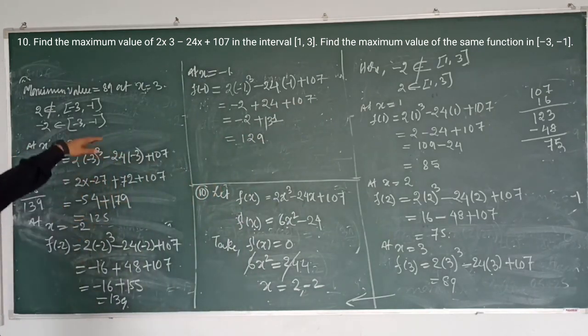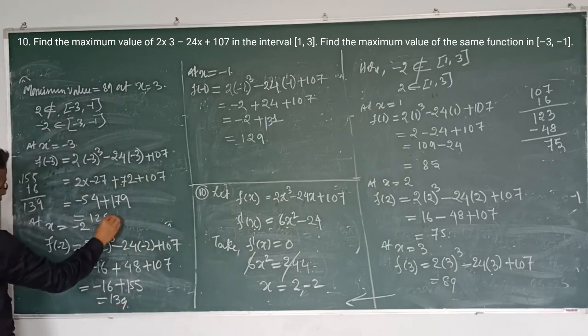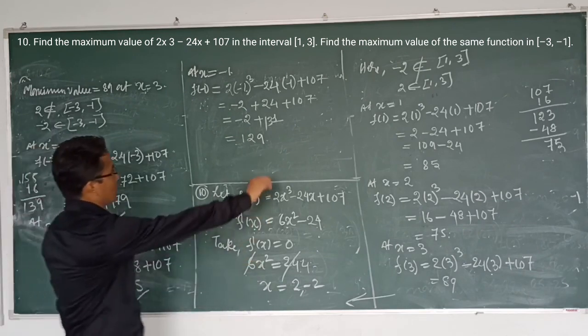Okay, so 131 minus 2 is 129. So we will see the values. So first one is 125, then 139, then 129.